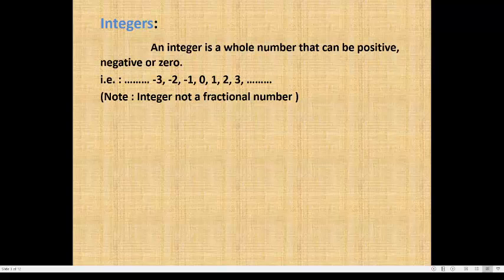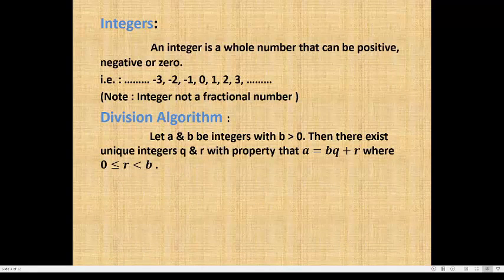Okay. Next, division algorithm statement. Let a and b be integers with b greater than 0. That is, b is a positive integer.